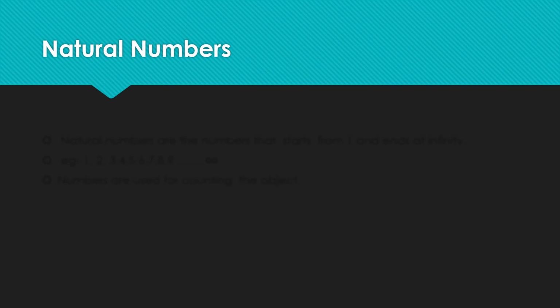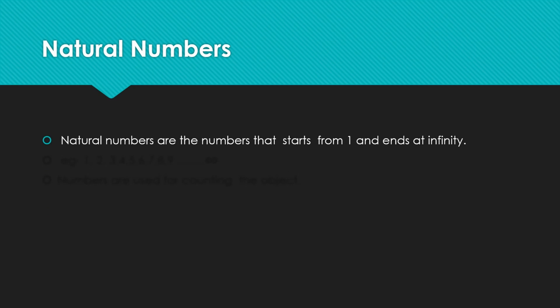First we are going to see what a natural number is. Natural numbers are the numbers that start from 1 and end at infinity. There is no end point for these numbers.